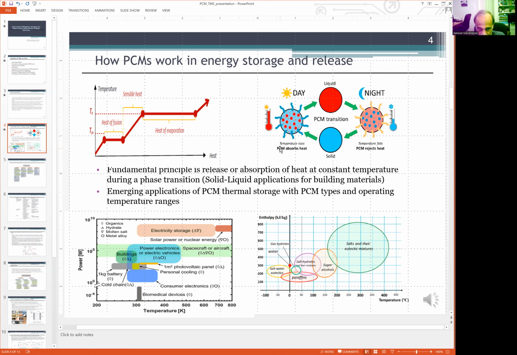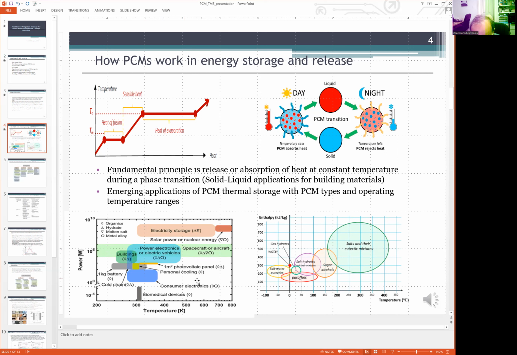Now, the diagram at the left bottom shows the emerging applications of PCM across a wide range of temperatures and the range of types of materials used. And it has been very popular already to use PCMs in power electronics or electric vehicles for cooling.